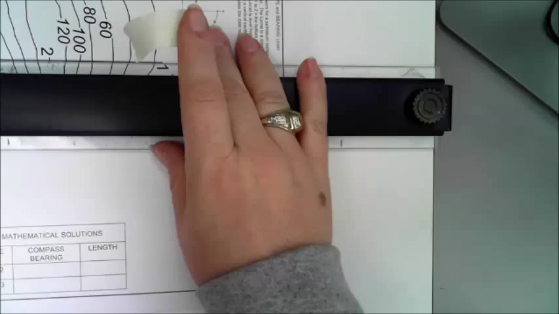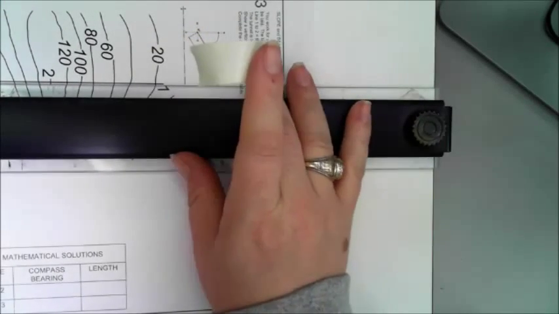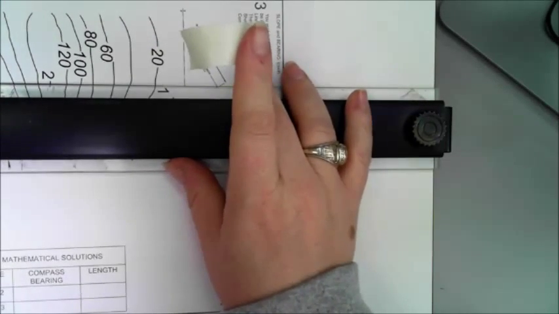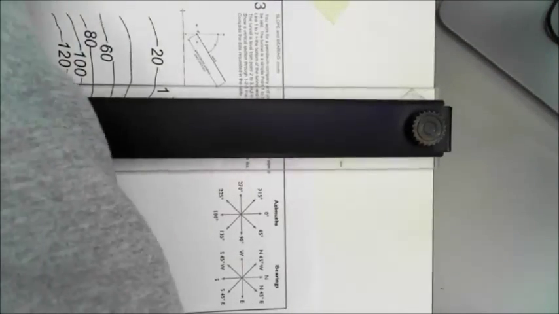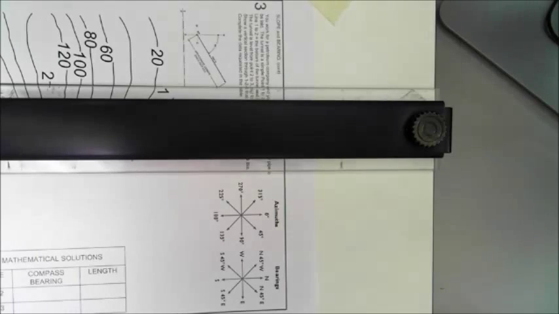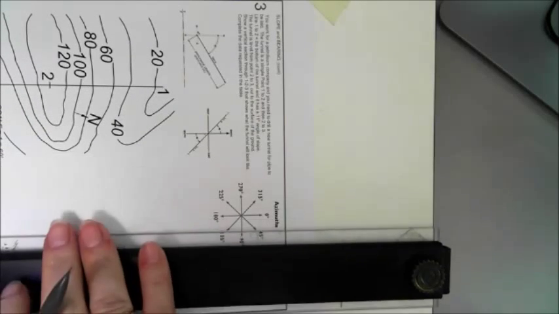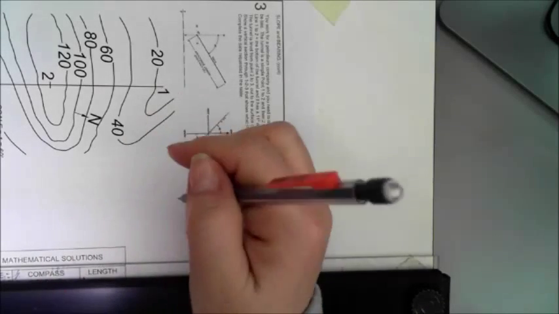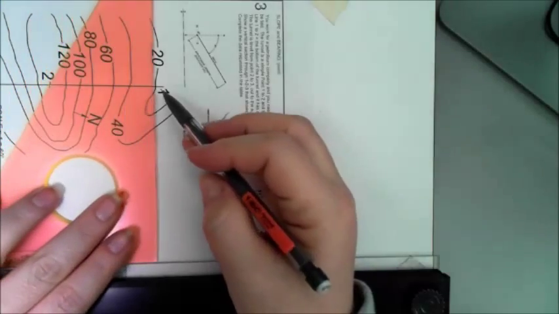I actually need to move this up a little bit. Make sure it's nice and straight. Got a triangle. And match everything up. So let's start here with the number 1.